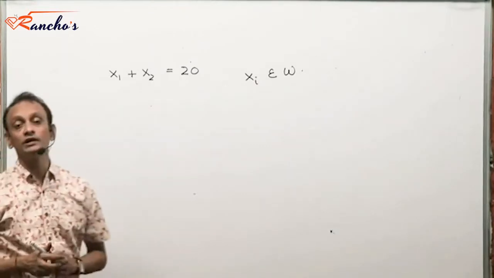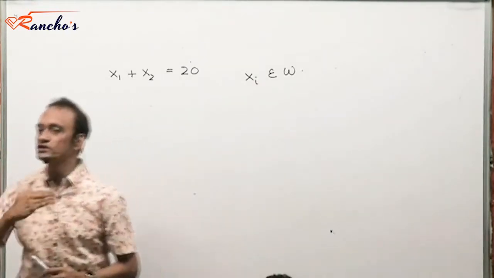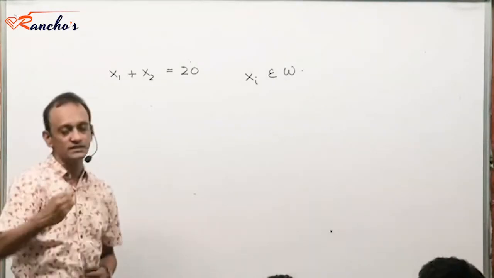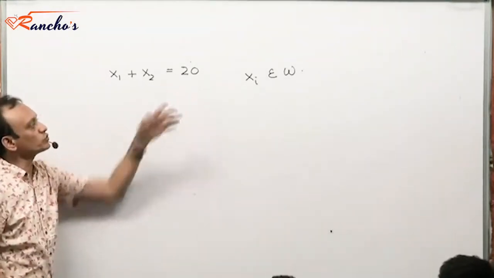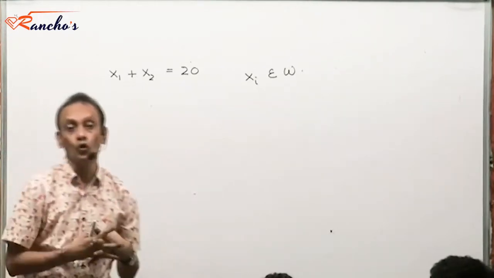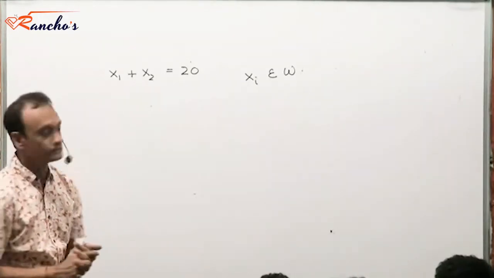One way I have already taught, but I want you to understand another way. I'll take a simple case and then I'll make it a little more involved, right? x1 plus x2 equal to 20, and I want to find the number of whole number solutions to this equation.